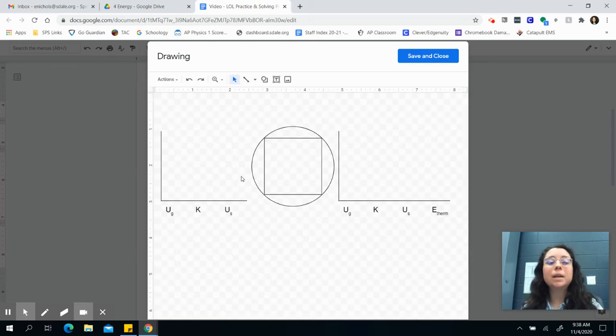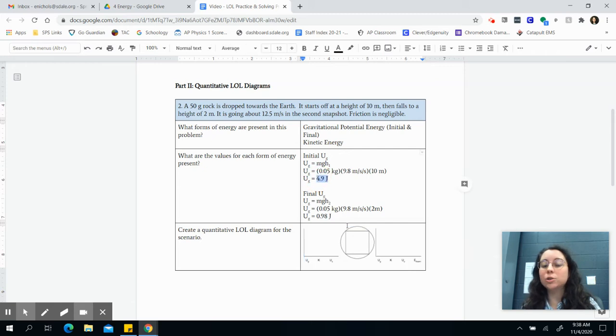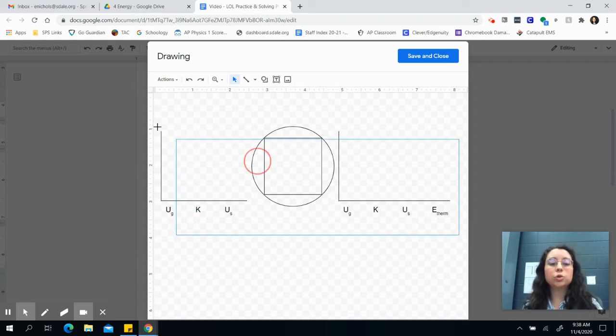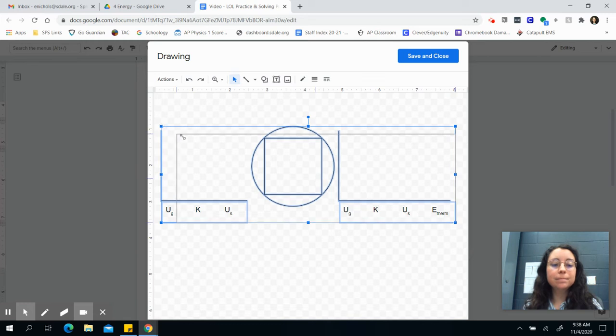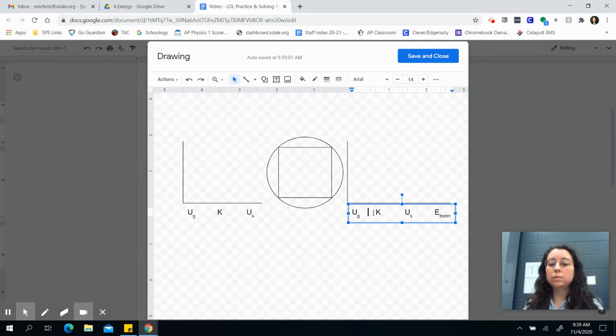So I'm just going to open it up. And this time I need to provide some scales. So I know that I have to be able to get up to 4.9 joules, so we'll aim for 5. I'm actually going to, can I shrink everything? Yes. Kind of messes this up, but we'll just. There we go.